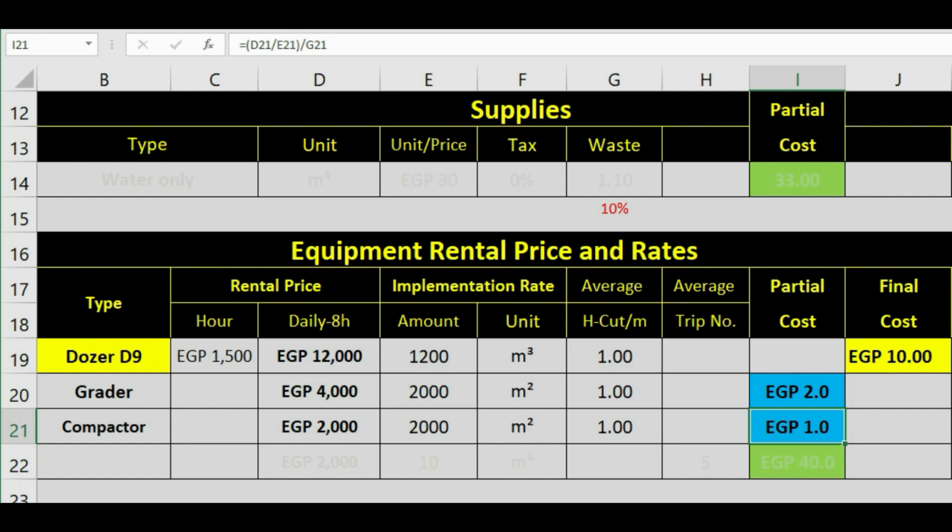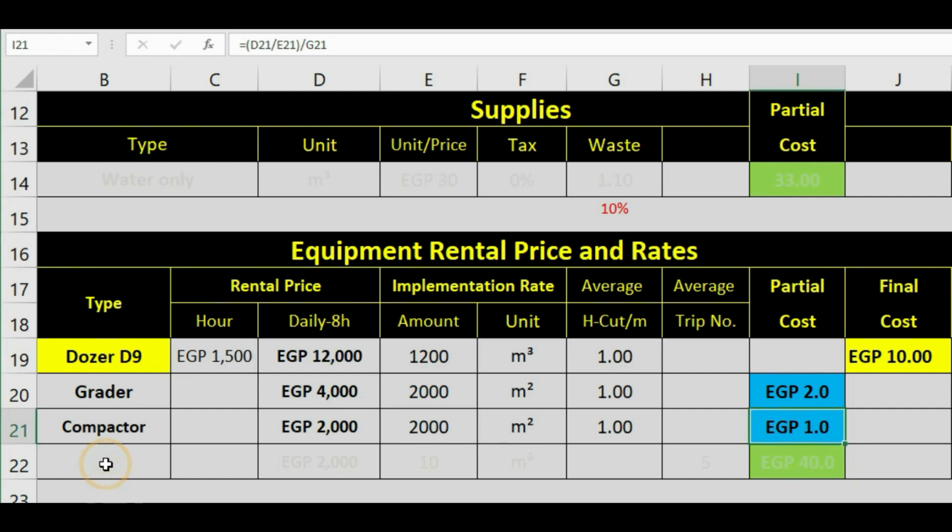For your information, if the average implementation rate of the grader is 2,000 square meters in dry soil condition, this rate will increase by 50% if the material layer is already pre-mixed with water, since we have saved the grader mixing time.